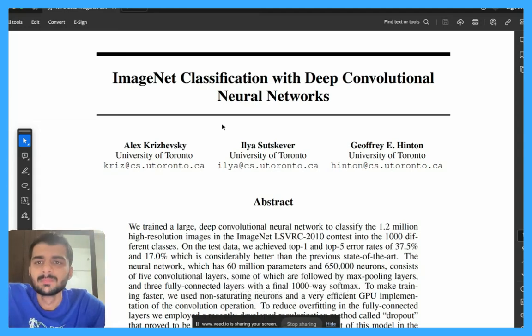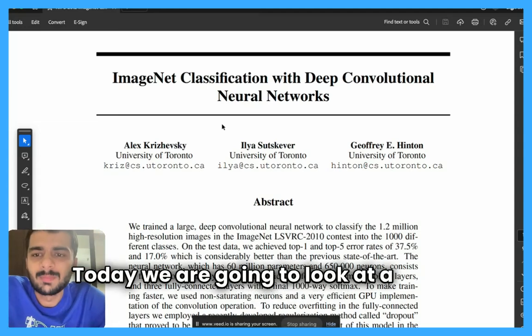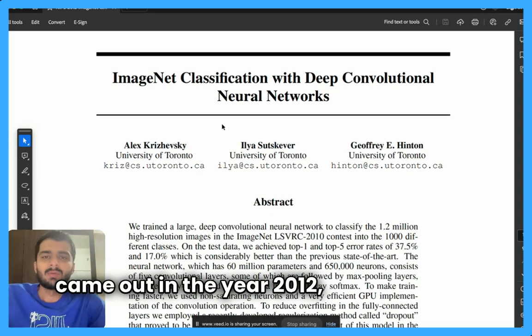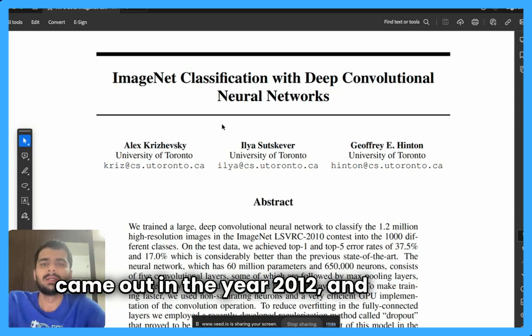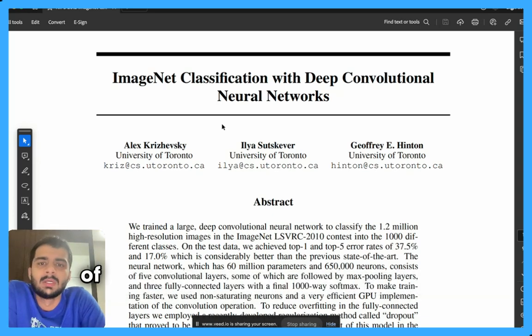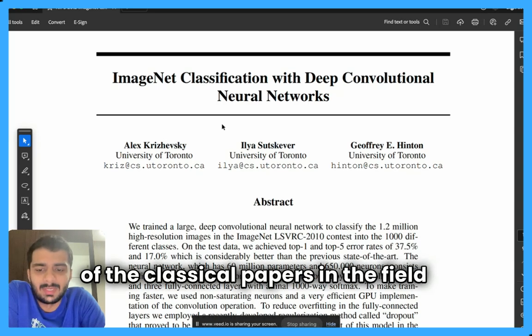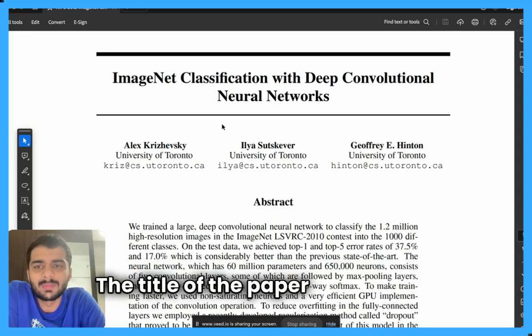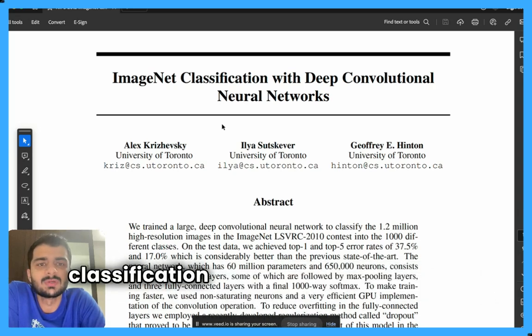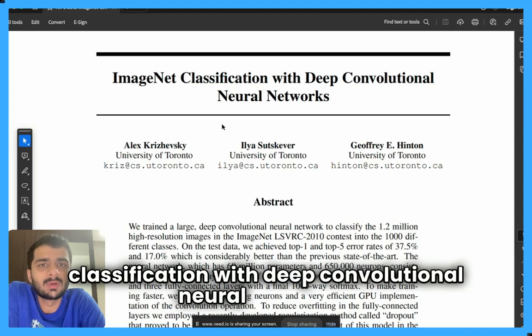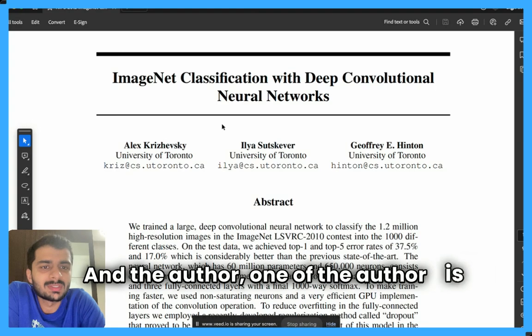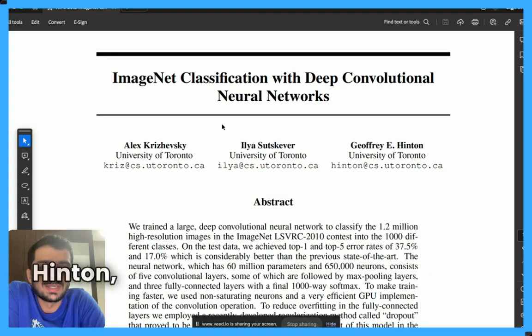Hello everyone. Today we are going to look at a paper which came out in the year 2012, and this is one of the classical papers in the field of artificial intelligence. The title of the paper is ImageNet Classification with Deep Convolutional Neural Networks, and one of the authors is Geoffrey Hinton.